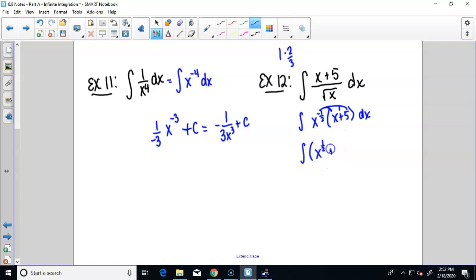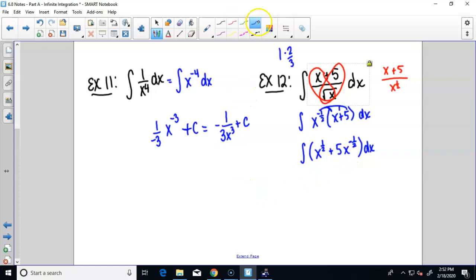And then we'll have plus 5x to the -1/2. Have not taken the integral yet. The other way to get there is to do love connection. So you would have x plus 5 over x to the 1/2, and you could do the love connection there, and you'll get the same thing in that case.